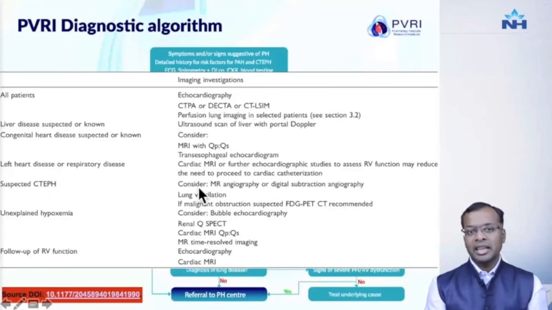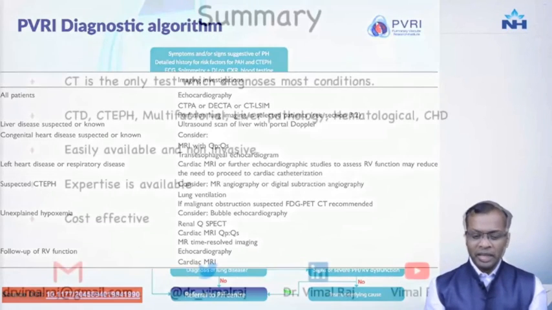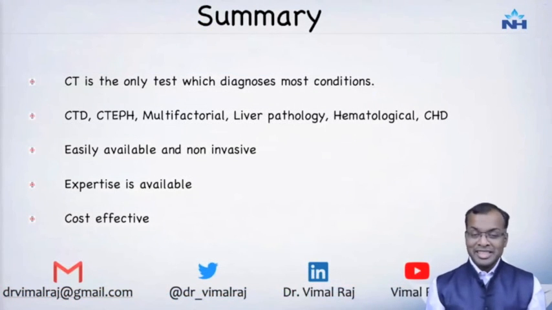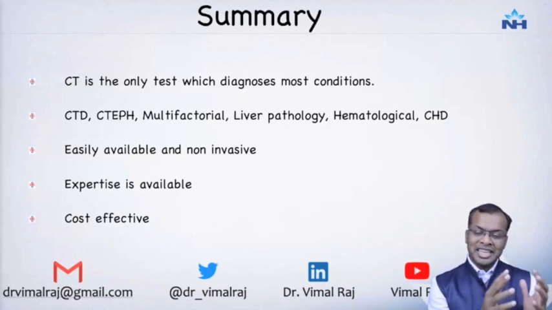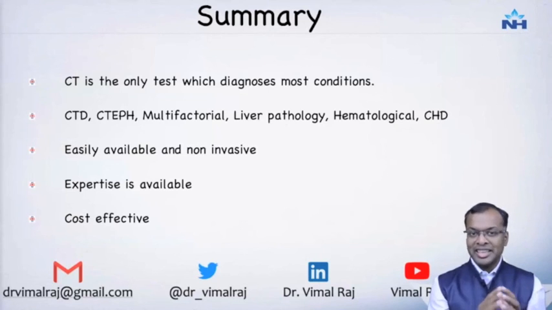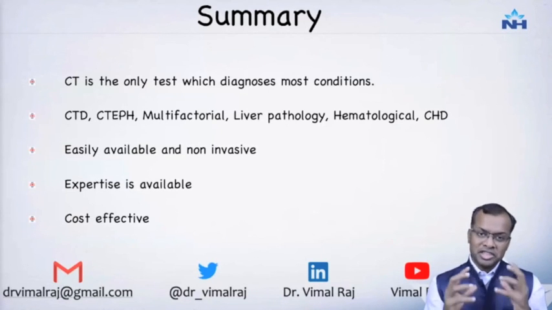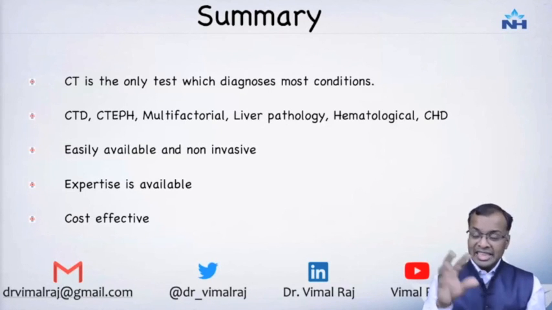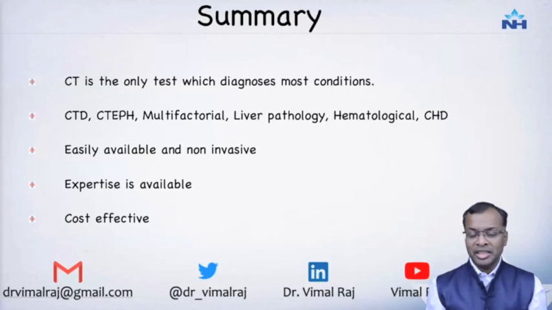You can see everywhere CT is given an important role. So to summarize, CT is the only test which diagnoses most conditions. Once the PH has been established or suspected, CT is the only test which tries to put everything together in each group and may come up with the correct diagnosis.